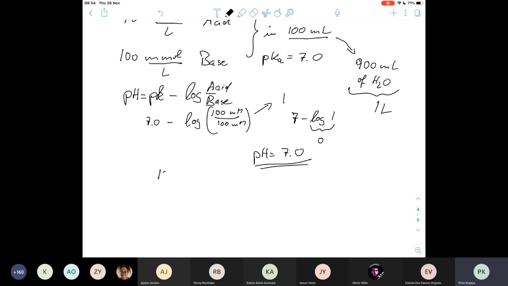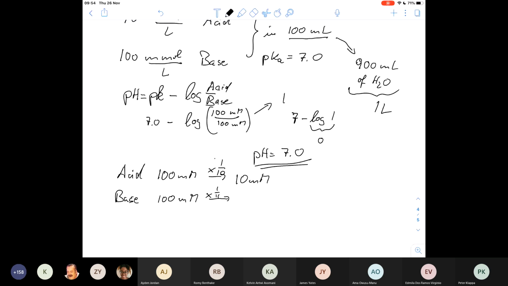So instead of 100 millimolar of the acid, if I dilute it by factor 10, I've got a 10 millimolar solution, right? And the same, of course, because acid and base are together, happens to the base. I've got a 10 millimolar solution.